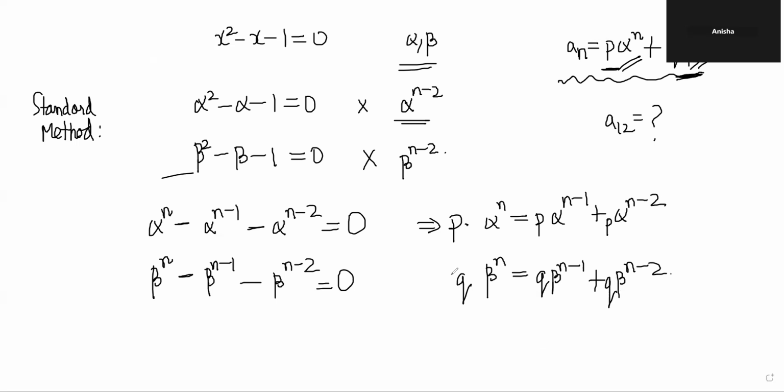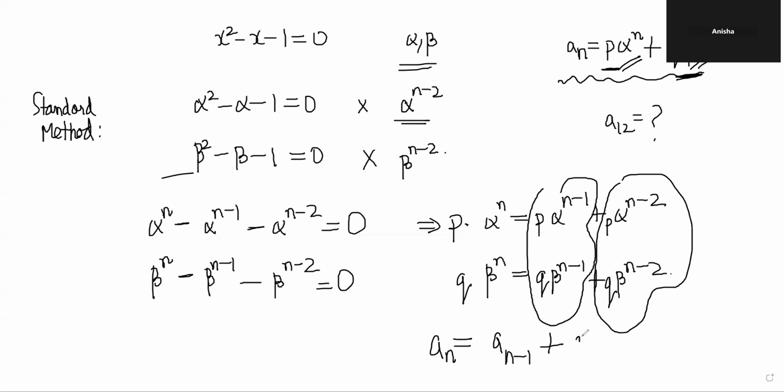Yes, sir. And now we add the two equations, you will realize that left hand side is an, right? When you vertically add, this is clearly an minus 1. And this is what? This is an minus 2, right? Yes, sir. Do you understand? It's simple only.